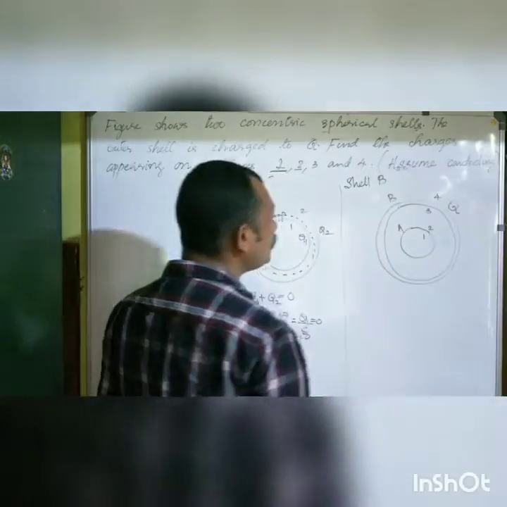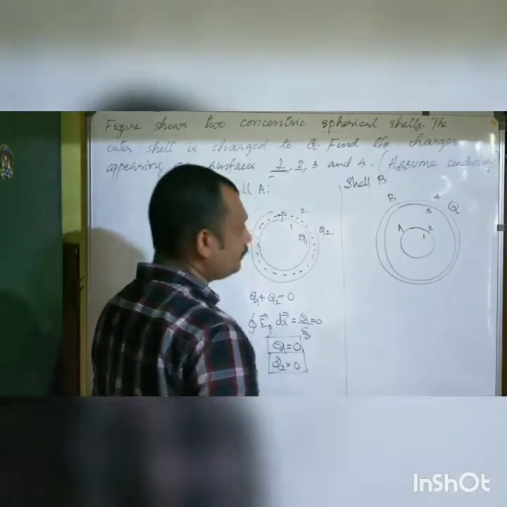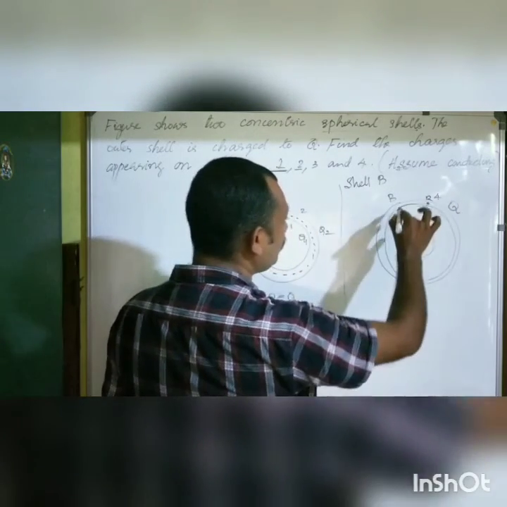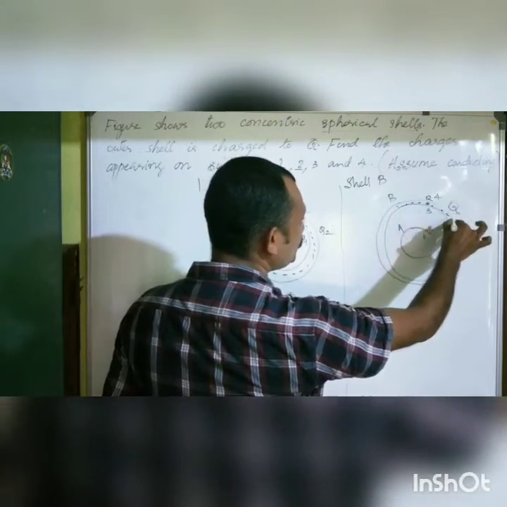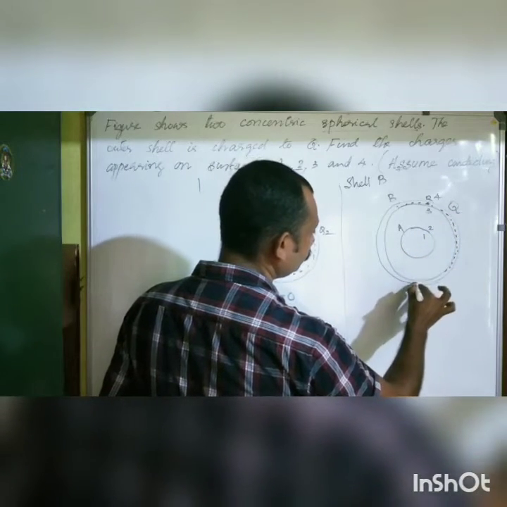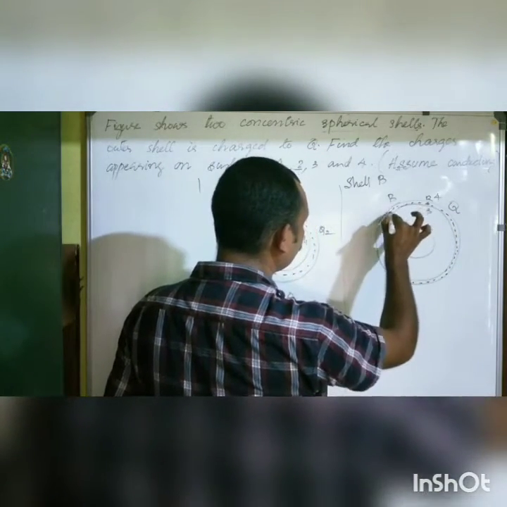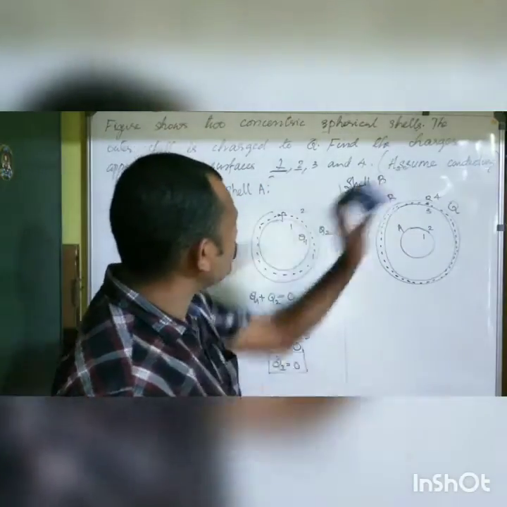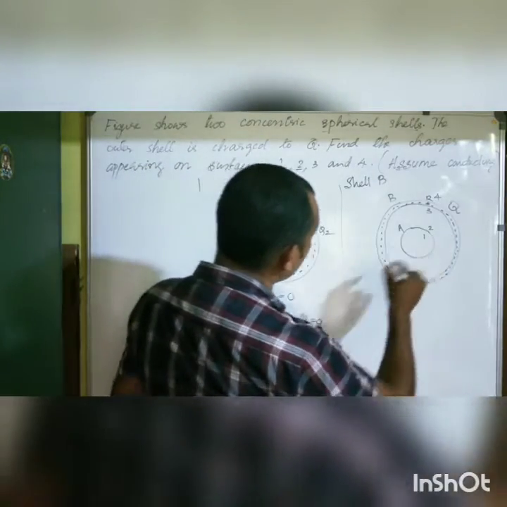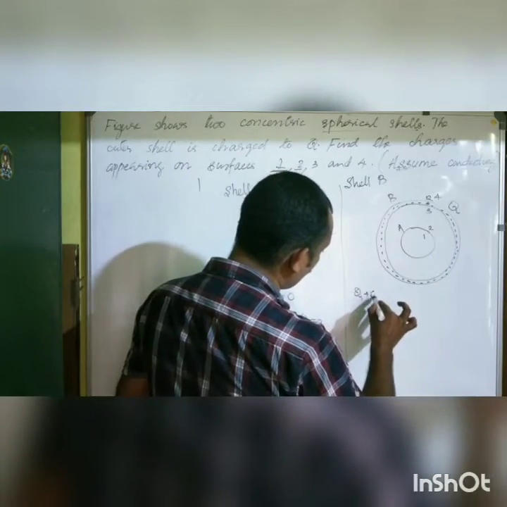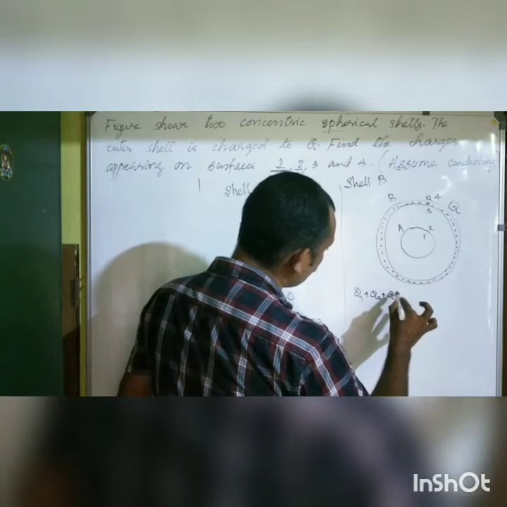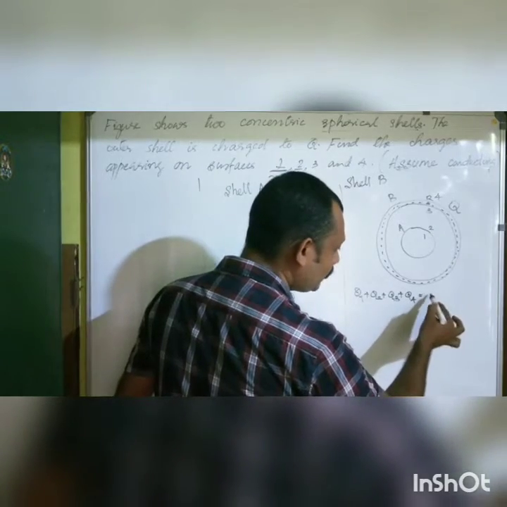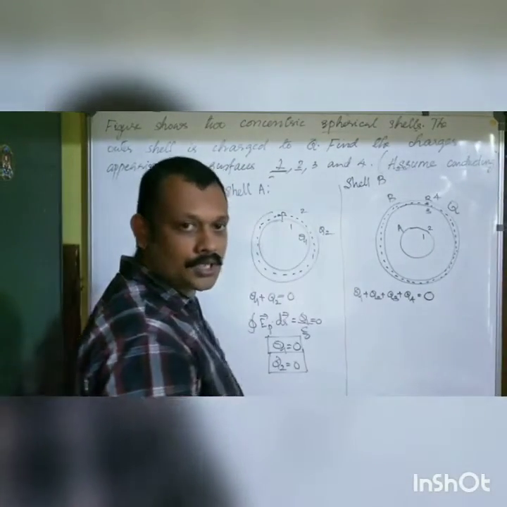This is the inner surface of shell B, and this is the outer surface of shell B. Now, just like we did earlier, we will take a point R inside this shell B, and we will construct a Gaussian surface, and directly we can write Q1 plus Q2 plus Q3 plus Q4 is equal to 0.